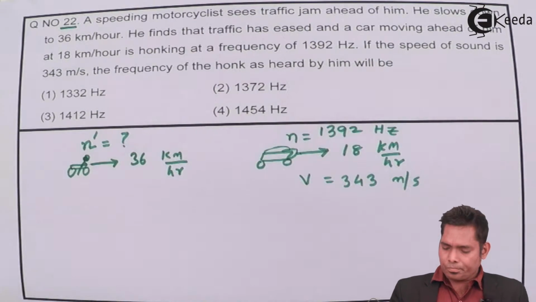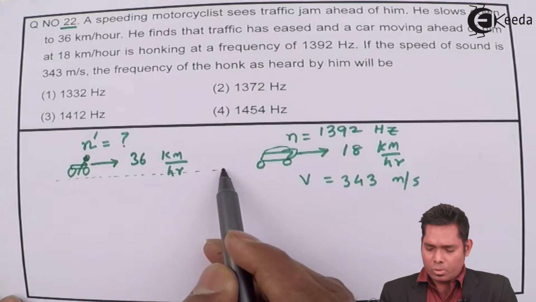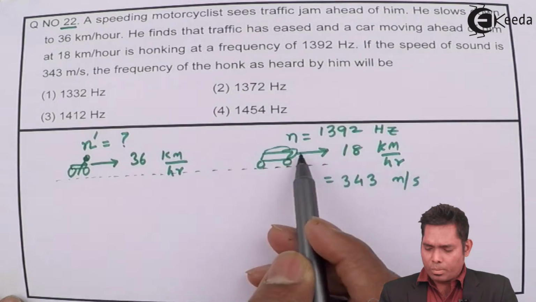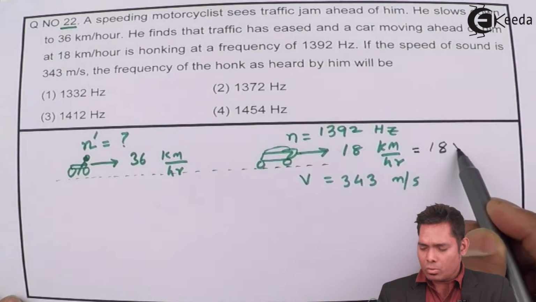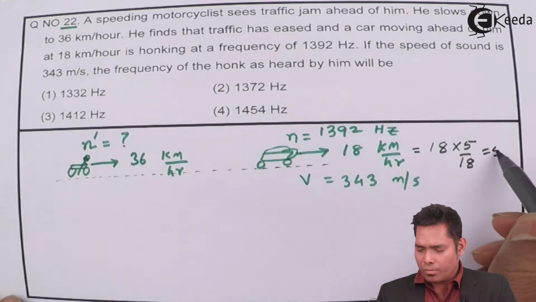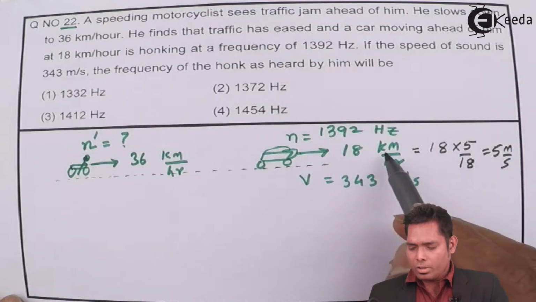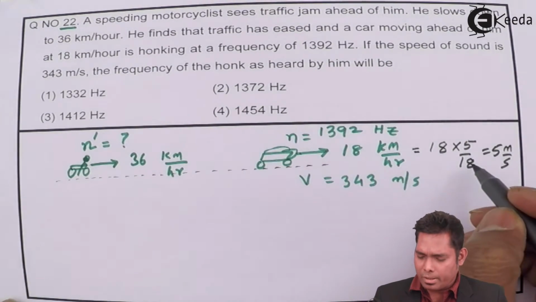Now, the car is moving with 18 km per hour, which is 18 into 5 over 18, which is 5 meter per second. This is how you convert kilometer per hour to meter per second, by multiplying by 5 over 18.